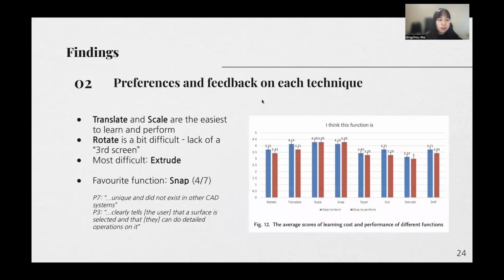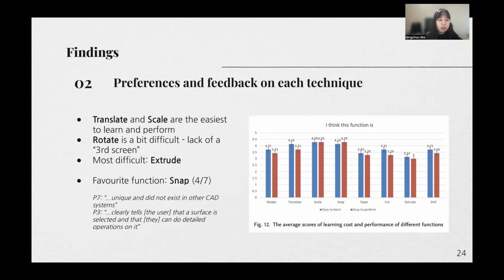According to the survey, the operations of object manipulation are easy to learn and to perform, including translation and scaling. Rotation got a bit difficult due to the lack of direct manipulation on the third view, which is perpendicular to both the screens. So the operation for the object modification was less easy to learn and perform, with extrude being the hardest.